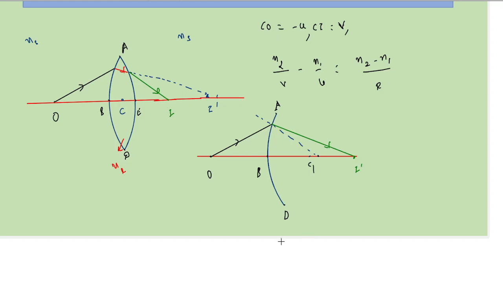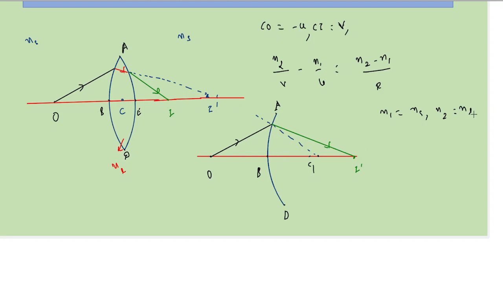Now let us use the spherical refracting formula in this case. Let's find what is N1, N2, U, V and R. Here N1 is equal to the light originating medium, which is NS. And here N2 would be the other medium, which is lens in this case.